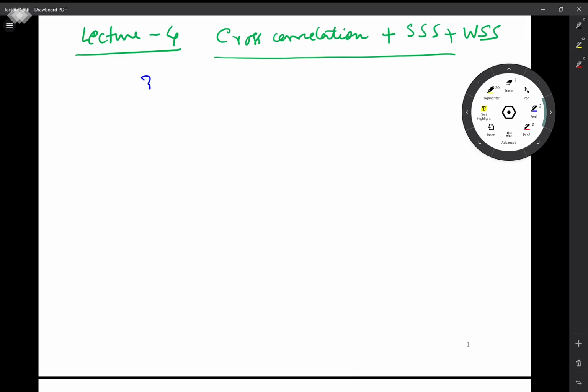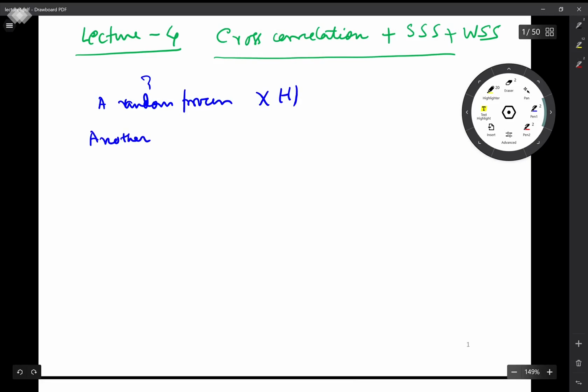So earlier we have seen a random process xt, and we have another random process yt. Now, how can we characterize both?